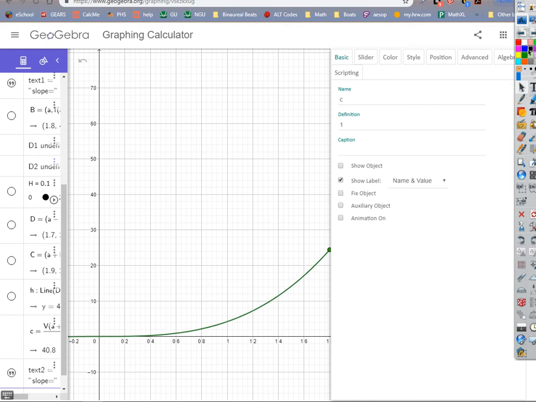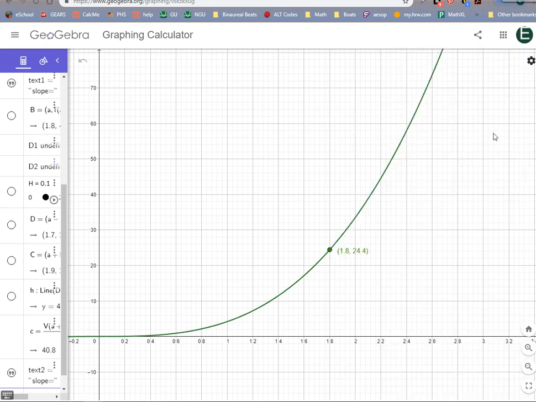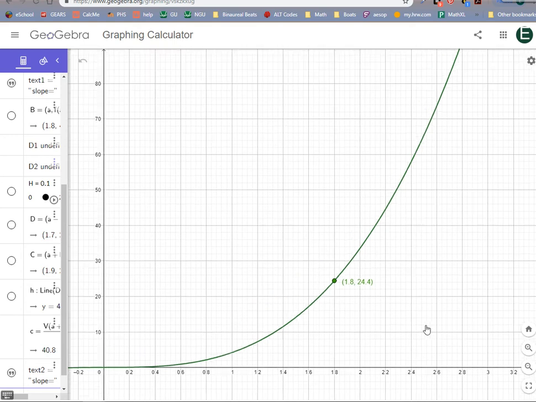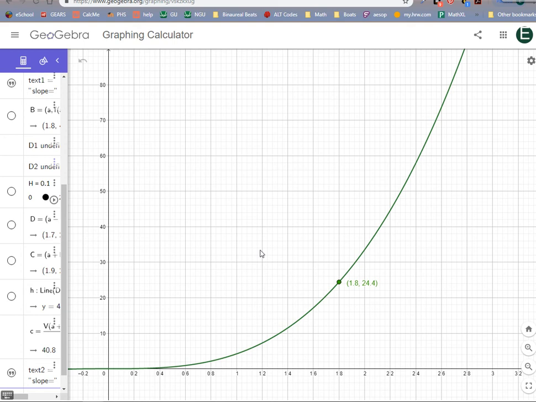Okay, so here it is. There's our graph, right? If I graph volume as a function of R, that's it, right? So for example, if I put in a radius of 1.8, that's just going to give me back, and I bet I could even, a little tricky here.